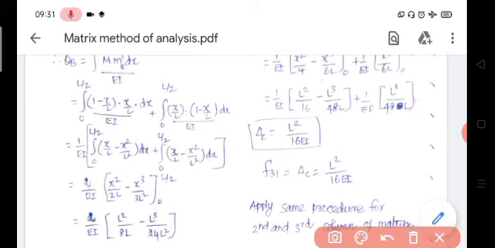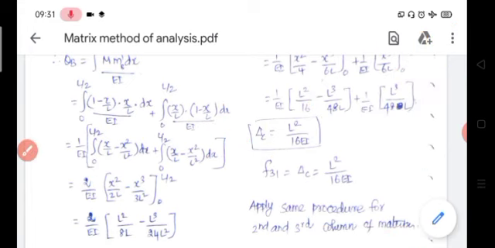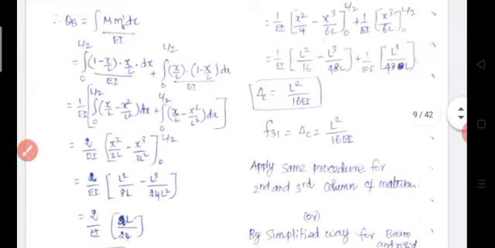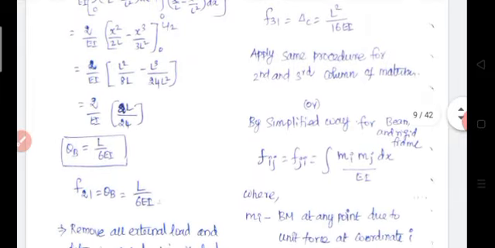The third coordinate is a force coordinate, so therefore we determine displacement. So F31 is equal to delta C, equal to L square by 16 EI. The direction of displacement and coordinate 3 are the same, so therefore it is taken as positive. Next, apply the same procedure for the second and third columns of the matrix.